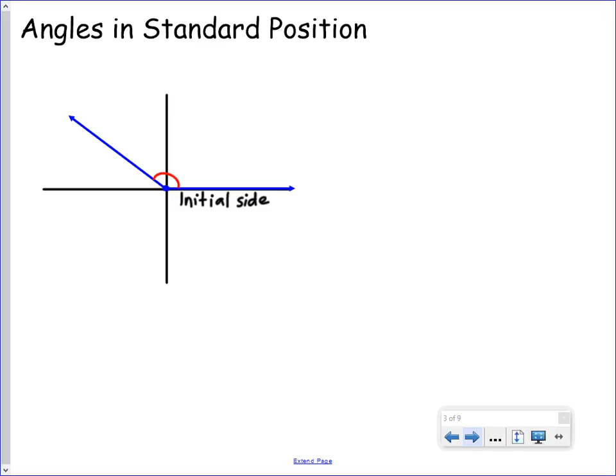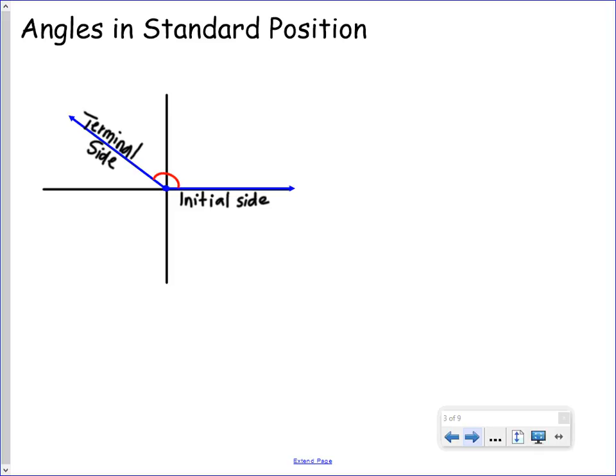Then an angle can open clockwise or counterclockwise, and eventually it ends somewhere in a quadrant or on one of the axes, and that side is called your terminal side. Think about the word terminal. Terminal, to terminate, would mean to end. So that's wherever your angle ends.